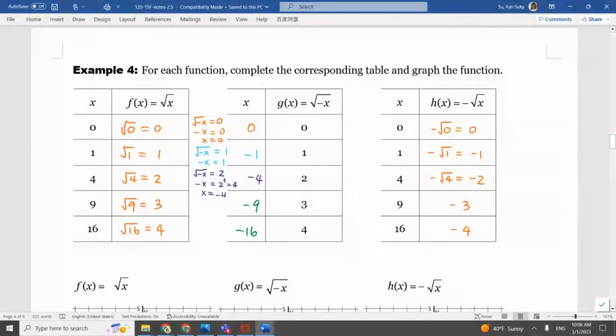And then here, what if we have a minus sign in front of x or in front of the whole thing? Look at this. This is square root of x. This minus sign is in front of x, right? So are we changing the x or y? The negative sign is in front of the x.